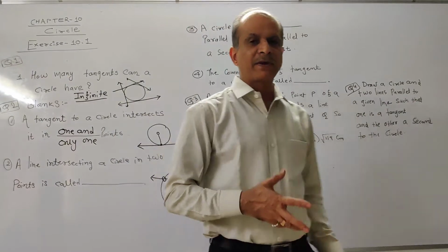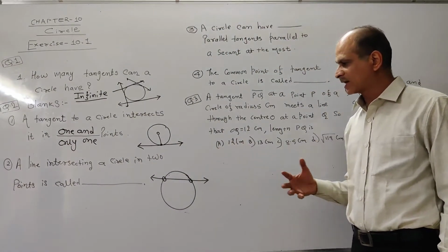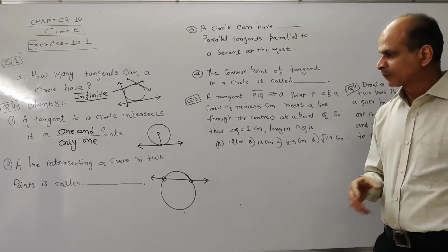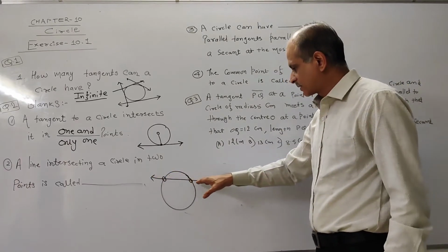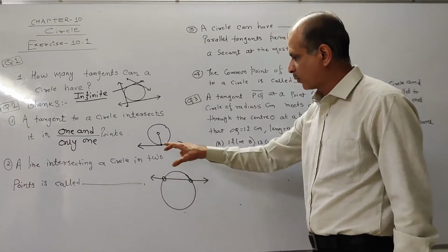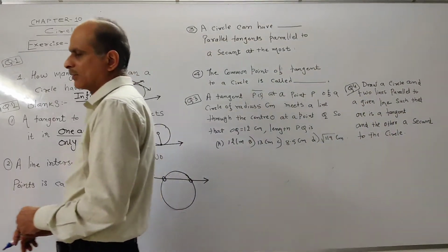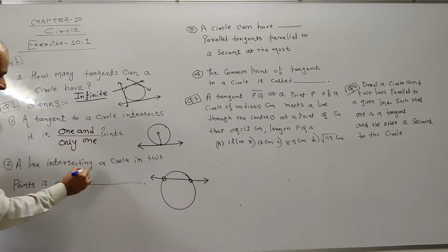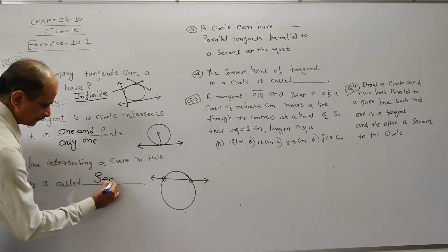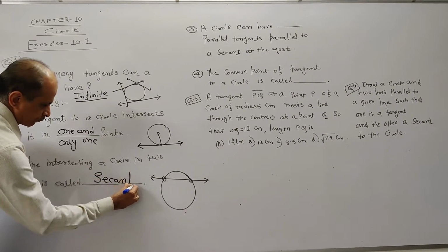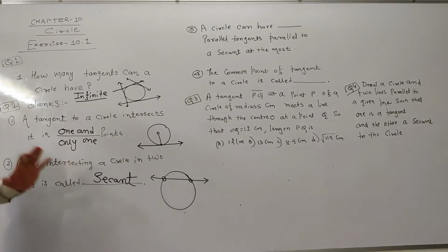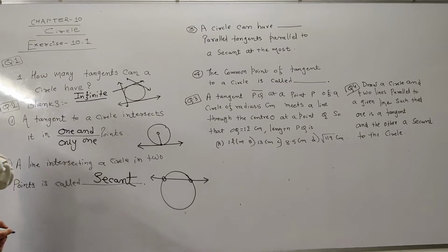We studied this concept in the last period, and that is the definition of a secant. A line which intersects the circle at 2 distinct points is known as a secant. So the answer is secant.